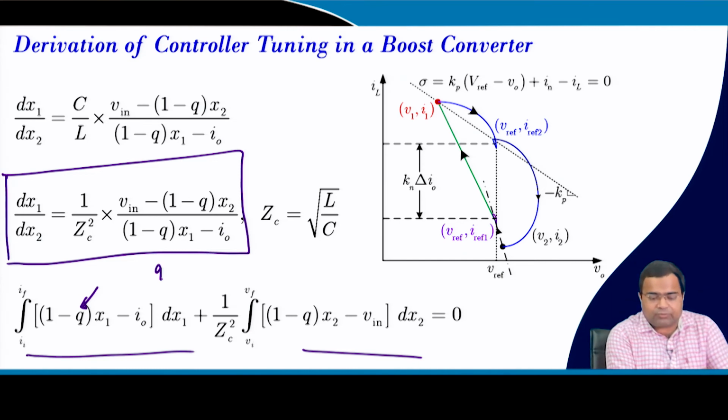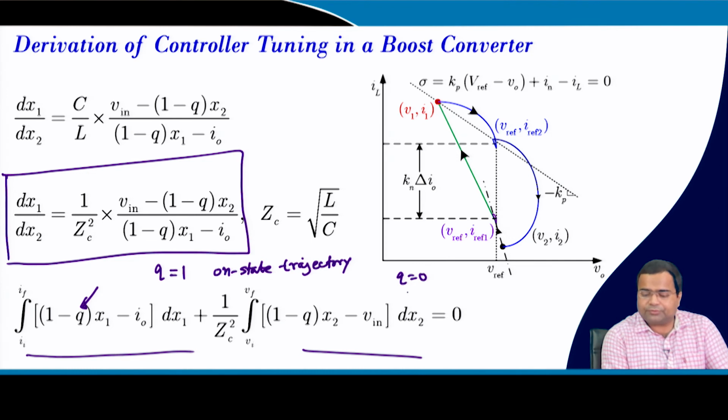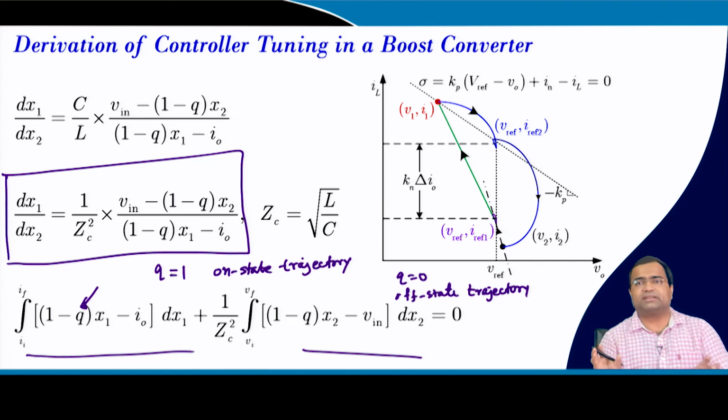For the on state trajectory, we have to take Q equal to 1, and it is equal to 0 for the off state trajectory. So, on state and off state trajectory are simply obtained by changing the Q value from 1 to 0.